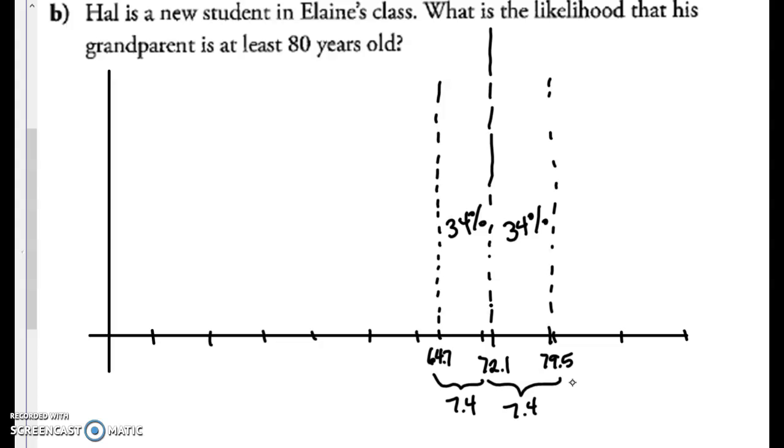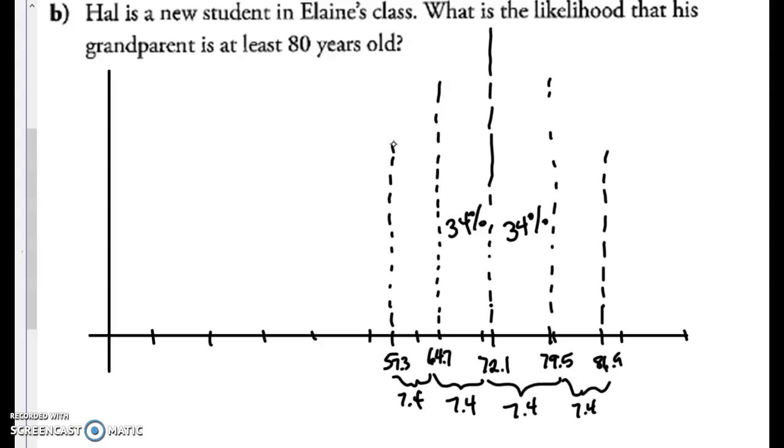Okay, then one more standard deviation, so 79.5 plus 7.4. So here's another standard deviation. When I added that up, it was 86.9 here too.